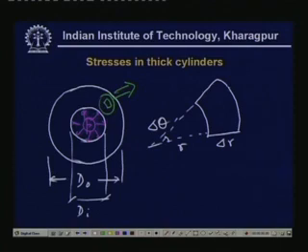So this distance will be r plus delta r times delta theta.